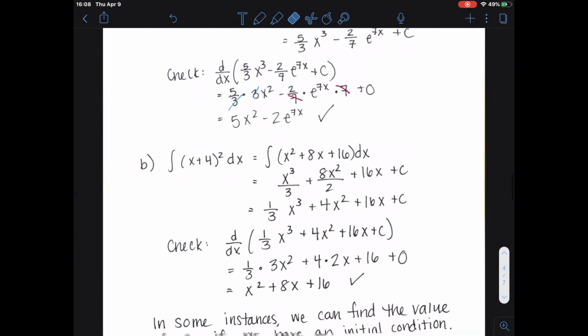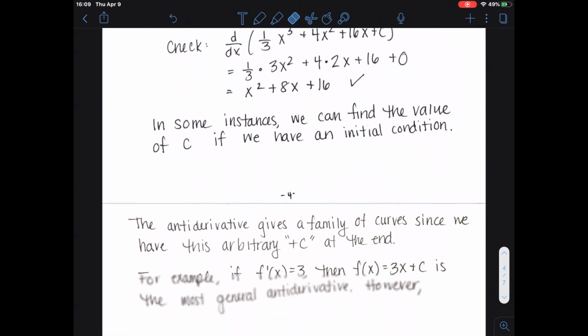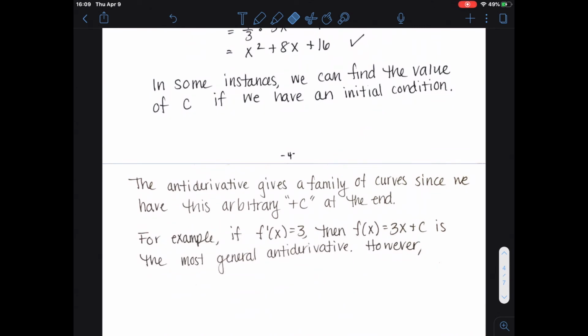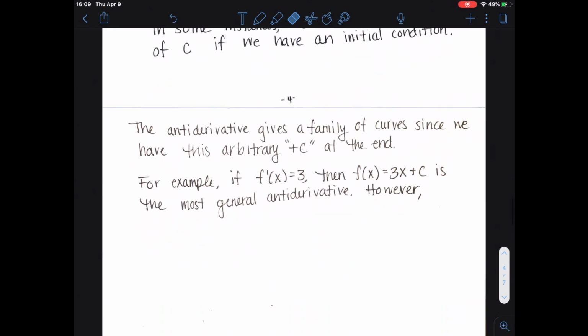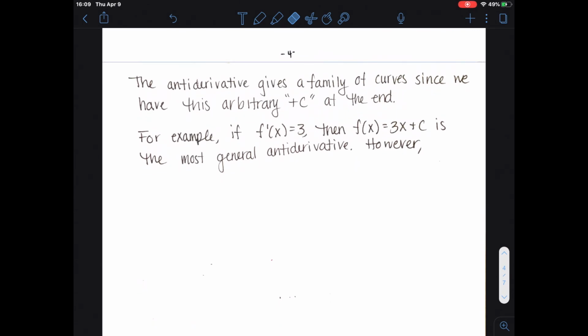Okay. So every single time so far, we've had this arbitrary value of c because it is the most general thing that is the antiderivative. But in some instances, we're going to actually be able to find the value if we know a point that our function has to go through. So the antiderivative gives really a family of curves because of the plus c.